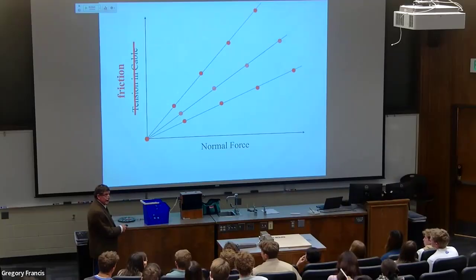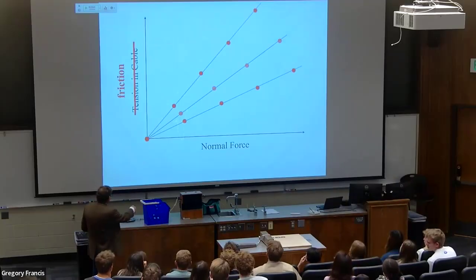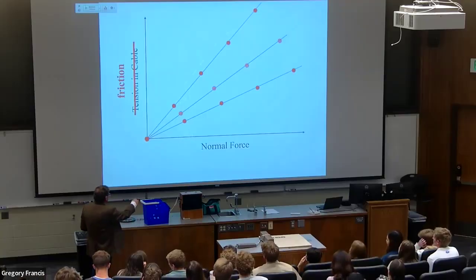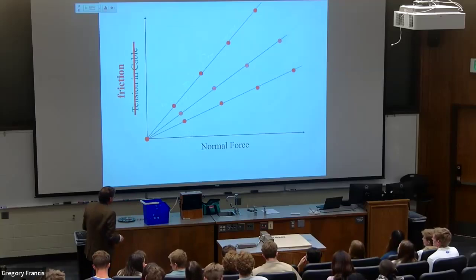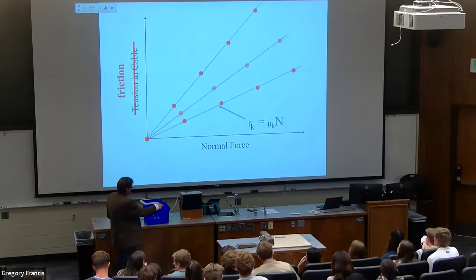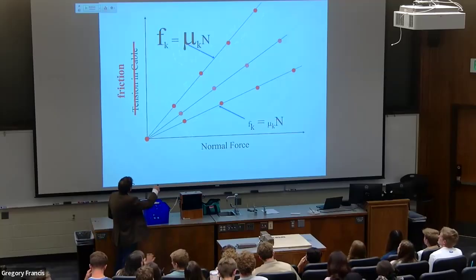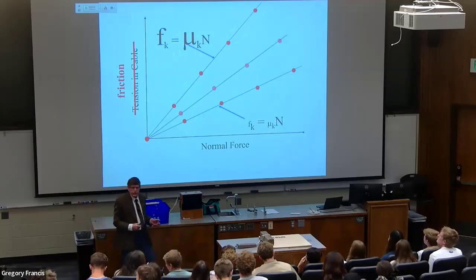Okay, I hope it's obvious. If that's Tori, if that's the normal weight with Tori on the sled, by putting sandpaper on the bottom of there, we're going to get more friction. So it would be this graph up here. Now you know that that constant is the slope of the line. And so what that means is that this one with the sandpaper has the bigger slope and hence the bigger constant.